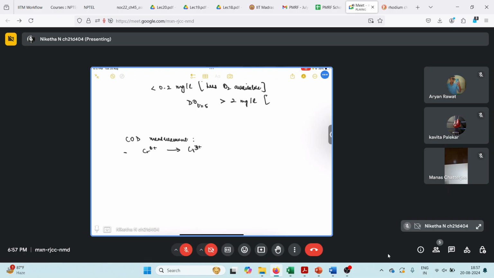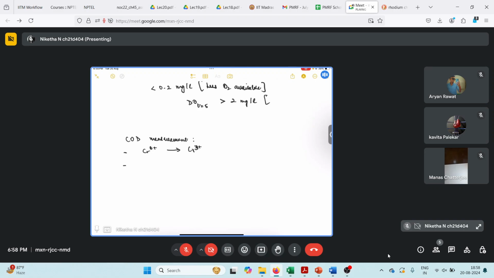So the amount of Cr3 plus will correspond to whatever organic compounds were there which got oxidized. So if we know how much chromium 3 plus is there in the solution, then we can find out how much of organic compounds got oxidized.